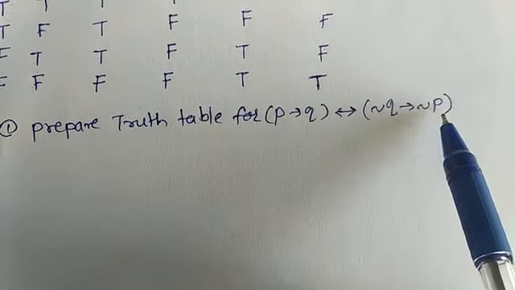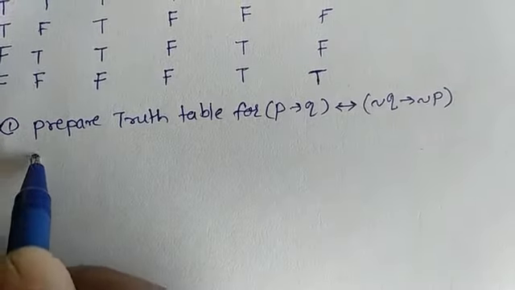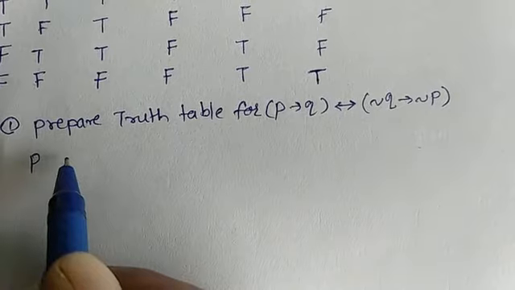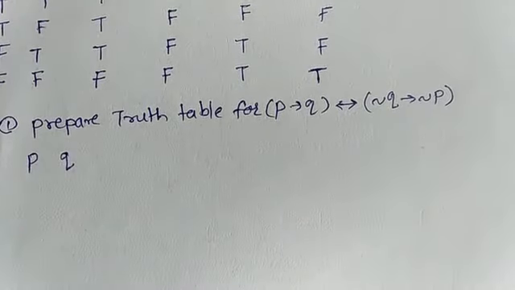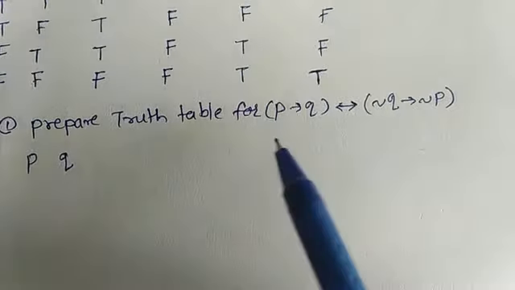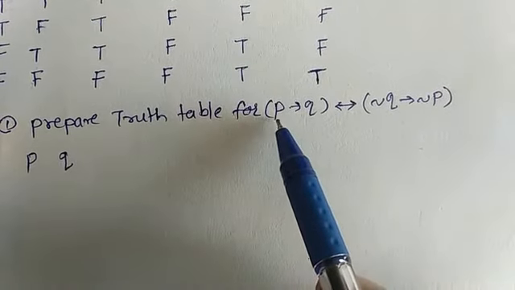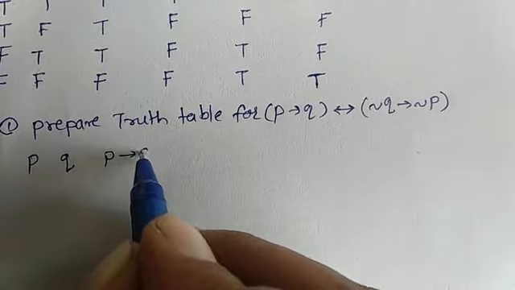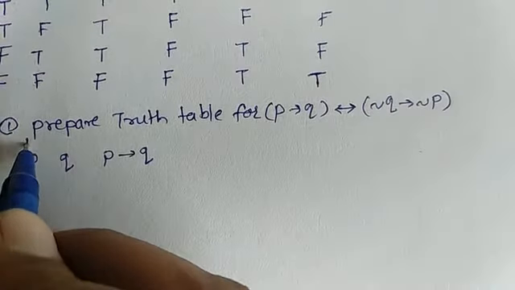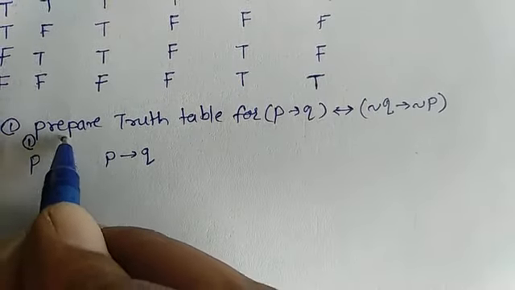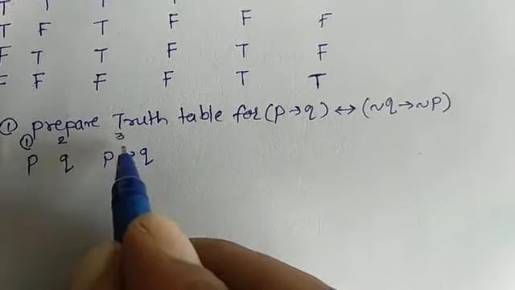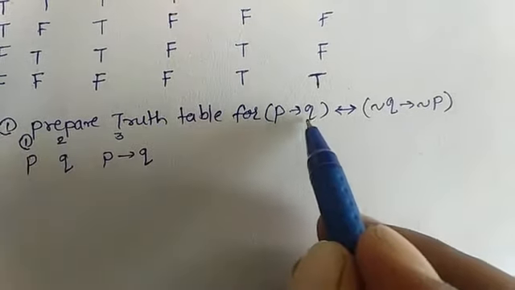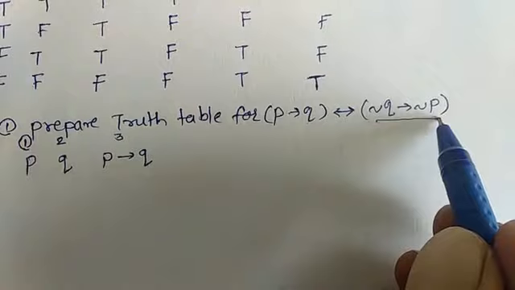So here first P, next it is Q. After that, first solve this bracket. Here it is P implies Q, so first find P implies Q; that is the first column, second column, third column. Next you have to solve the other bracket.